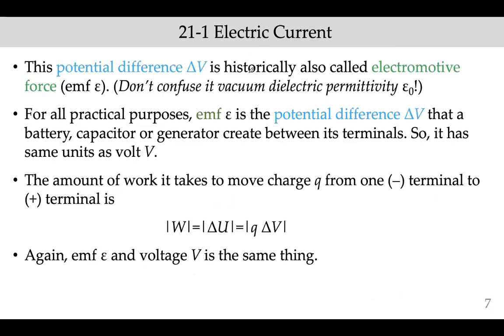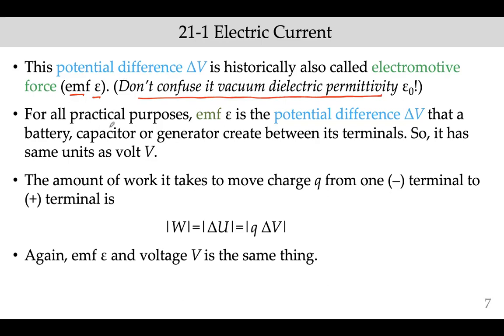This potential difference is historically also called electromotive force. It's sometimes abbreviated EMF, electromotive force, and it's shown by the Greek letter epsilon. Before we move on, do not confuse it with the vacuum dielectric permittivity, which is shown as epsilon 0, that we showed in the previous lectures.